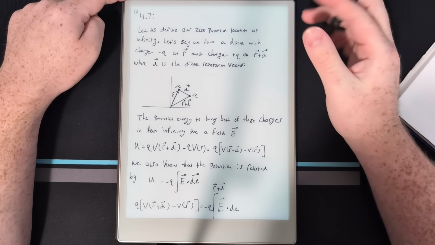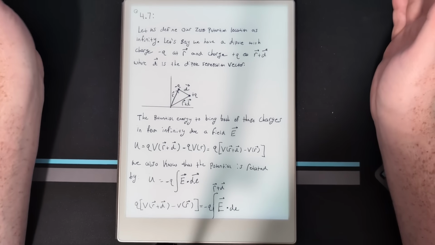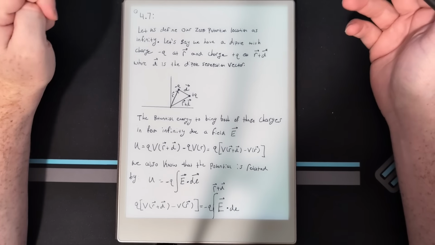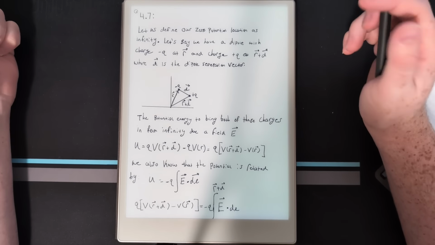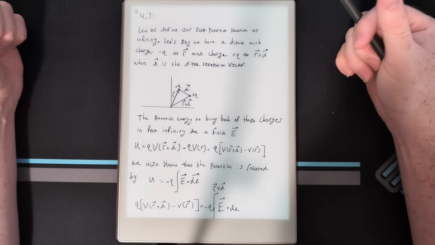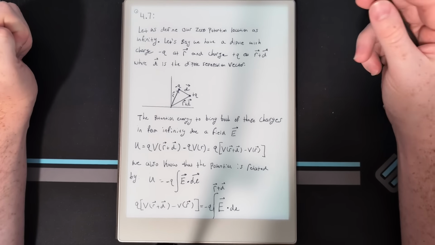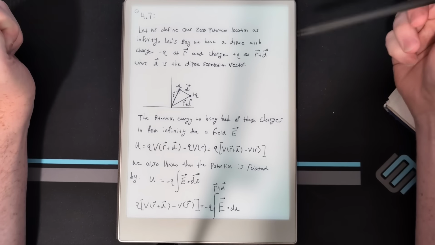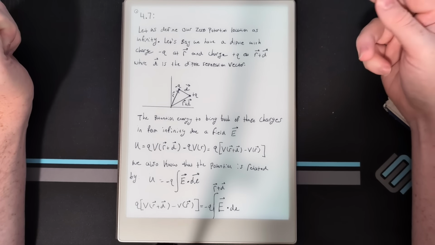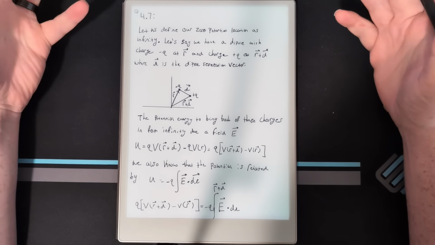Now, we know how the potential energy is related to the electric potential. The electric potential, of course, is the potential energy per unit charge. So if we multiply the electric potential by some charge Q, that will give us the total potential energy.